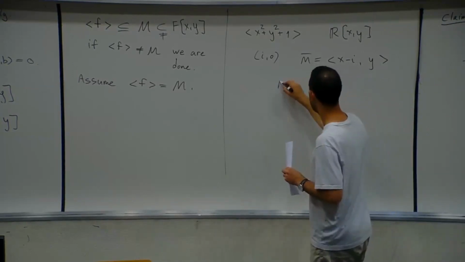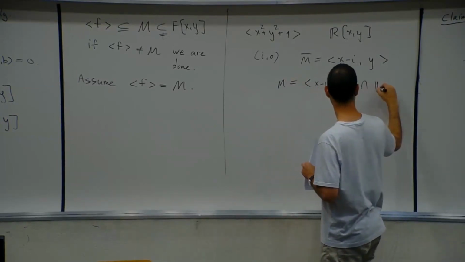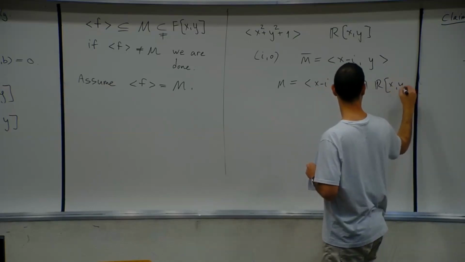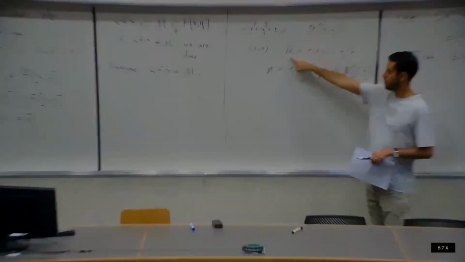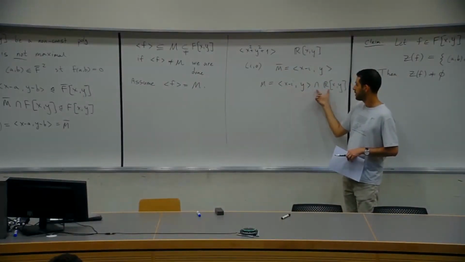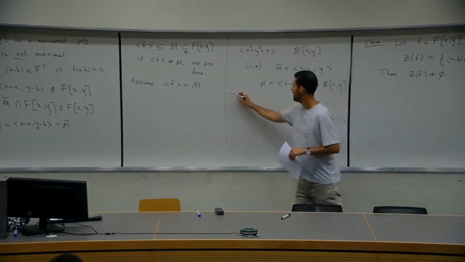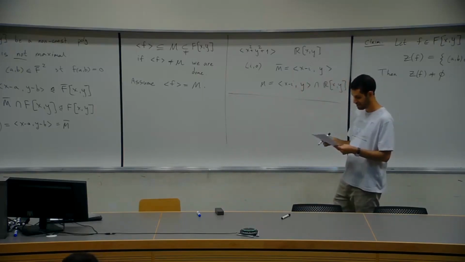Okay. And M will be the intersection of this one with R[x, y]. So for example, x minus i belongs to M bar, but it doesn't belong to M. Okay, I will stop here, and next time we will finish this.